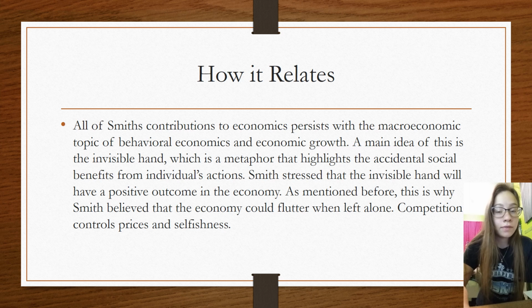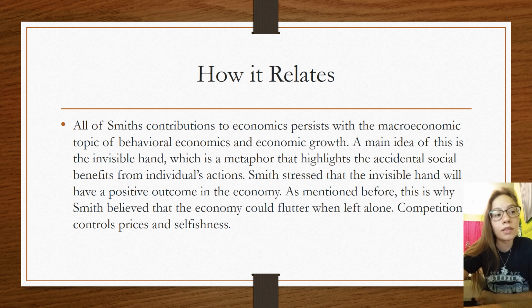He stressed that this invisible hand will have a positive consequence, a positive outcome on economics, which is why he believes that without government involvement, economics will flutter. This is also where the laissez-faire comes in, where it's a policy where things take their own course without interference, which is the abstention of governments from interfering in the workings of the free market.